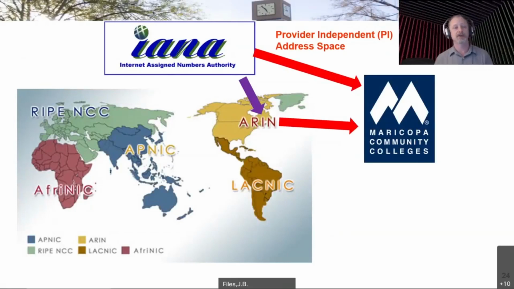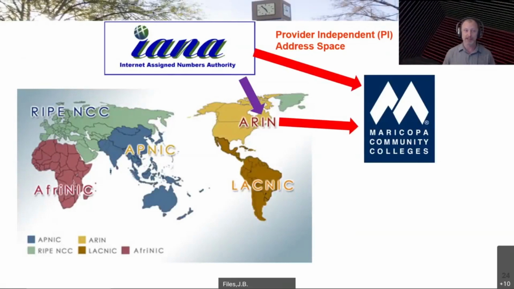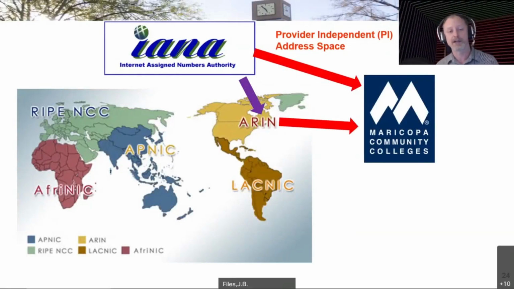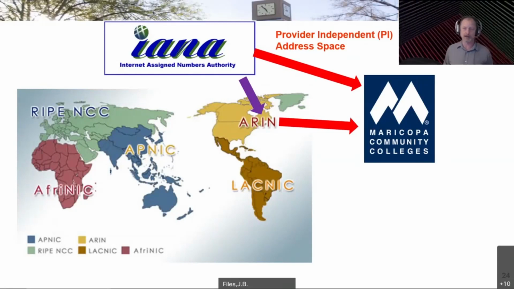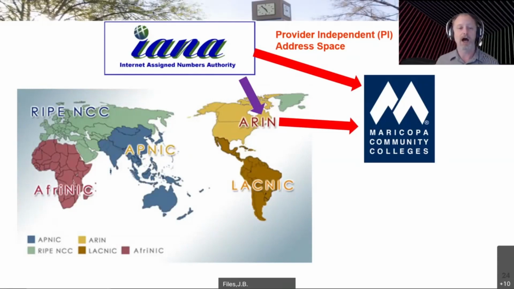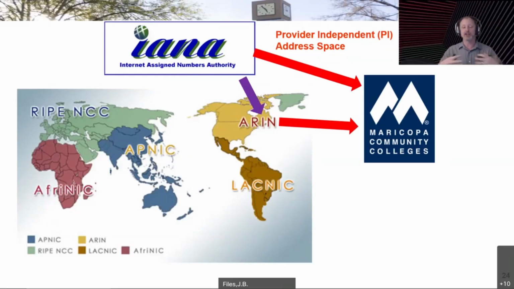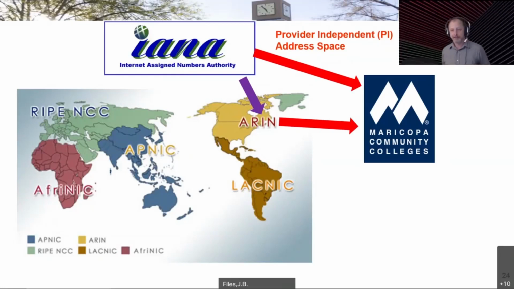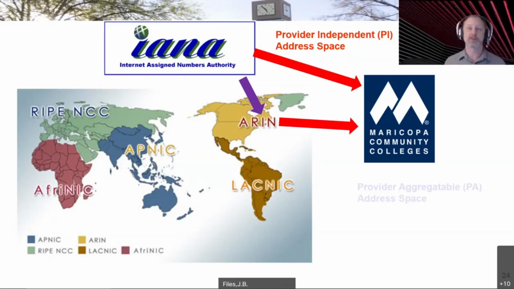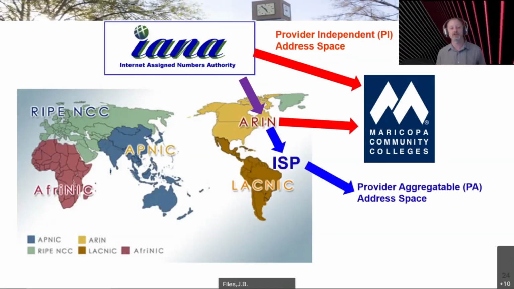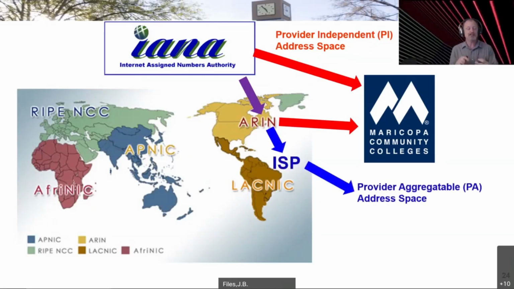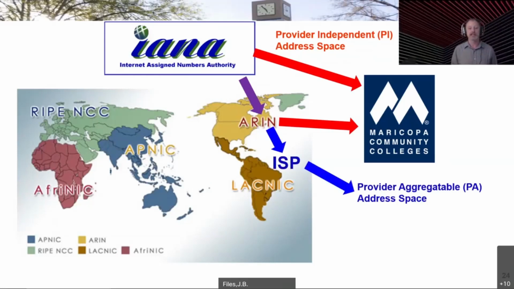You're getting them from IANA directly, possibly, or from your regional registry, like ARIN in our case. Okay. However, if you're smaller and you don't have your own public address space, then you're probably going to get your address space assigned to you from your service provider, which means that address space that you're using is provider aggregatable.